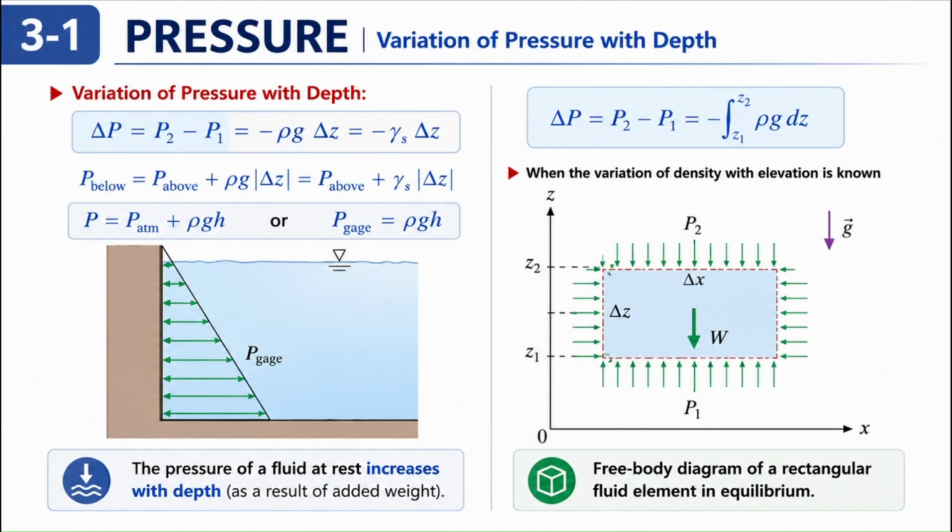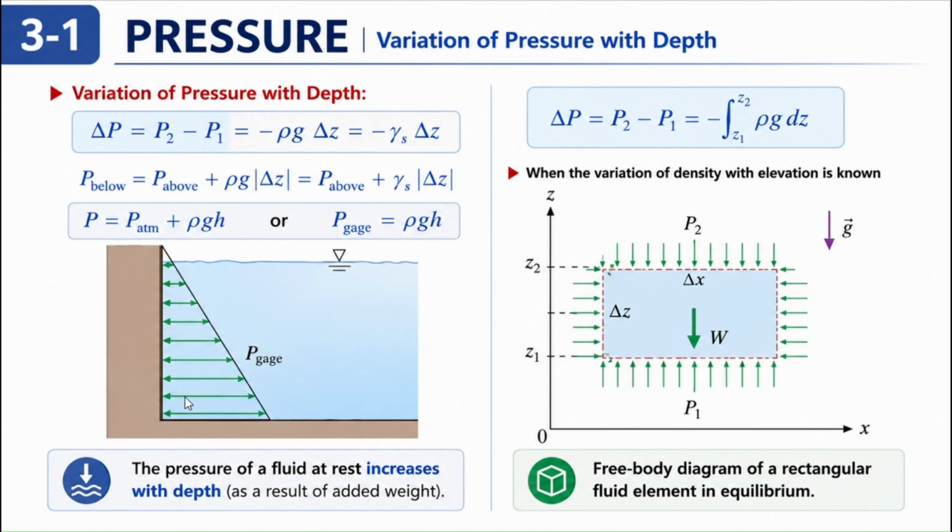Now for static fluid, pressure varies with elevation according to hydrostatic equilibrium. The differential pressure relationship is delta P equal to P2 minus P1, which is equal to minus rho g delta z.